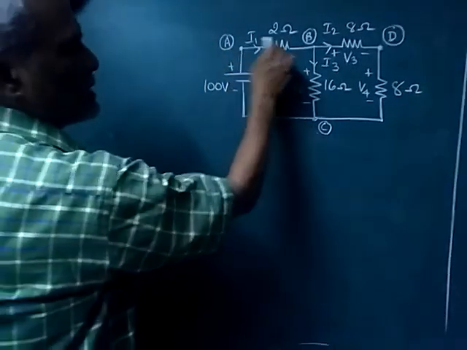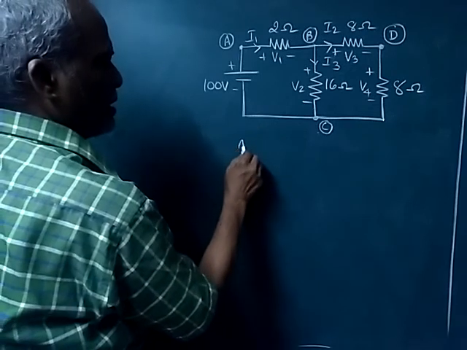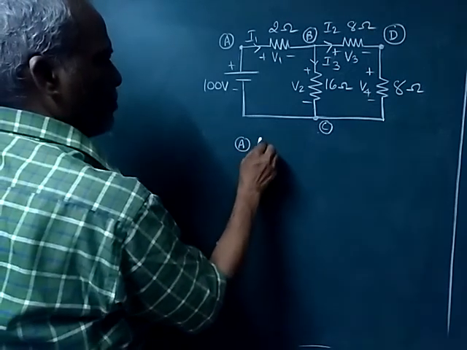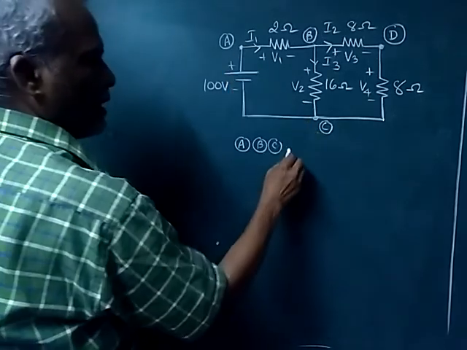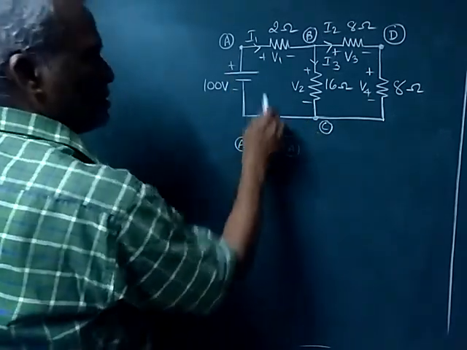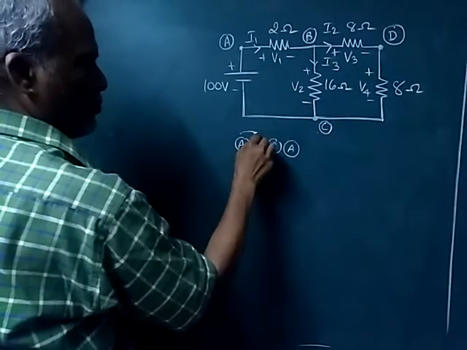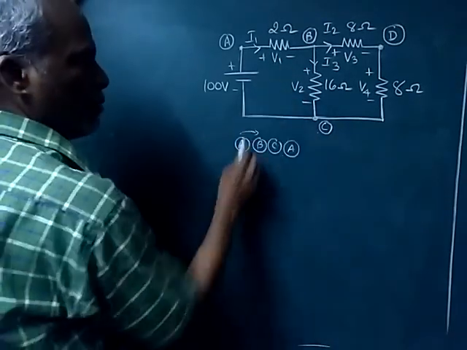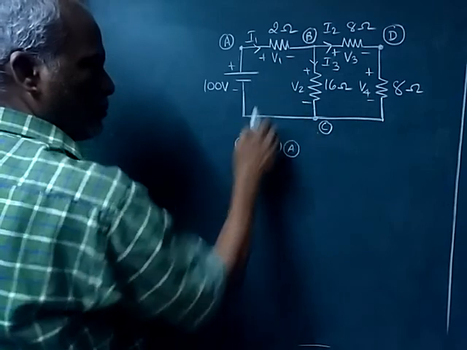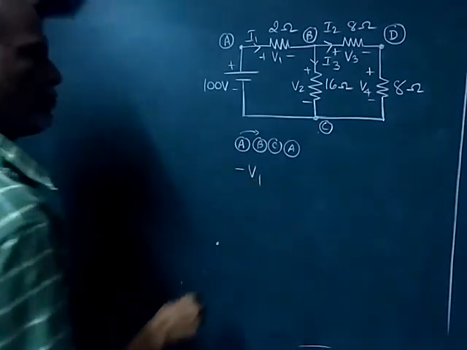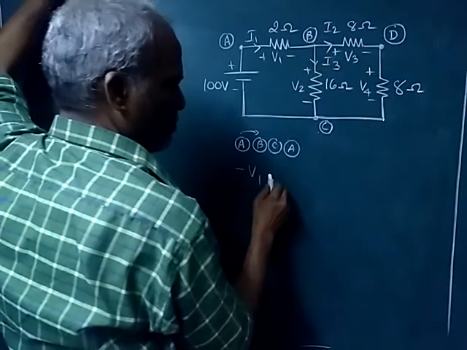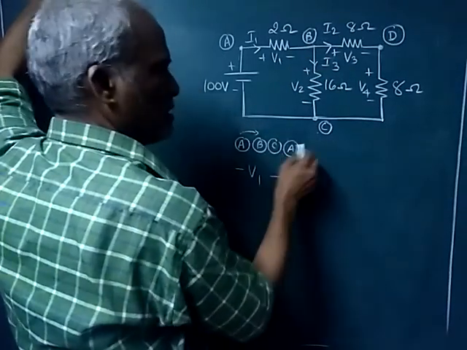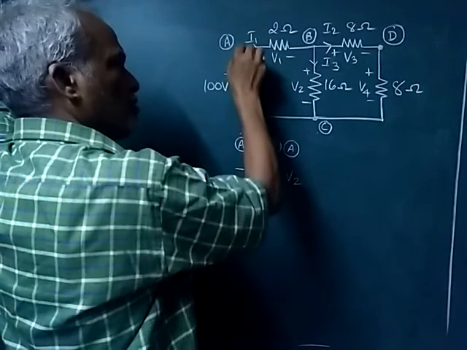So first I consider this loop. This loop means A, B, C and once again to A. From A to B you have V1, but it is a fall in potential, minus V1. B to C, once again a fall in potential, minus V2. And C to A. C to A means this point to this point.